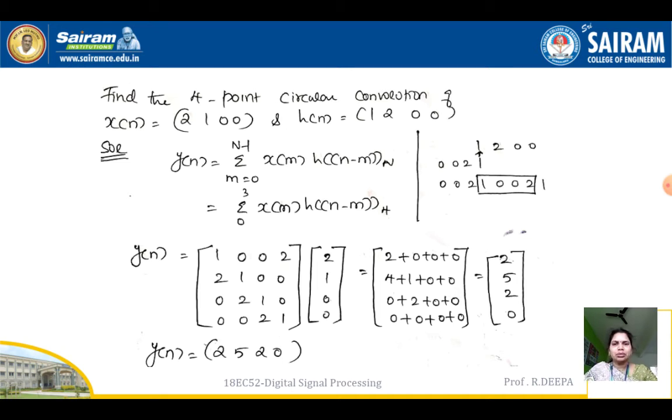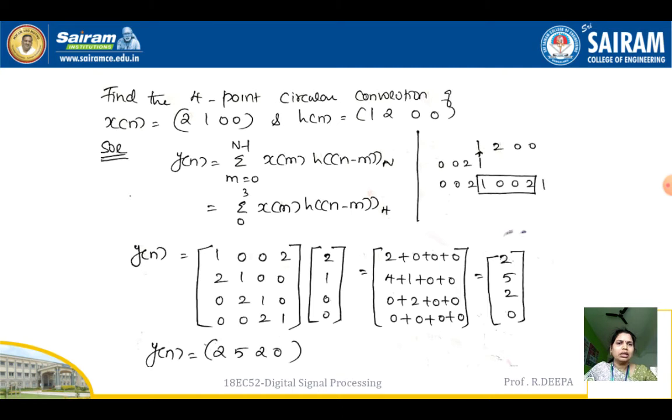So using this expression I am going to calculate the circular convolution between the two sequences x of n and h of n. So let us substitute x of m as such from m is equal to 0 to n minus 1 in the form of a matrix, and for h of n minus m with circular shift 4 I will take the sequence first 1, 2, 0, 0.